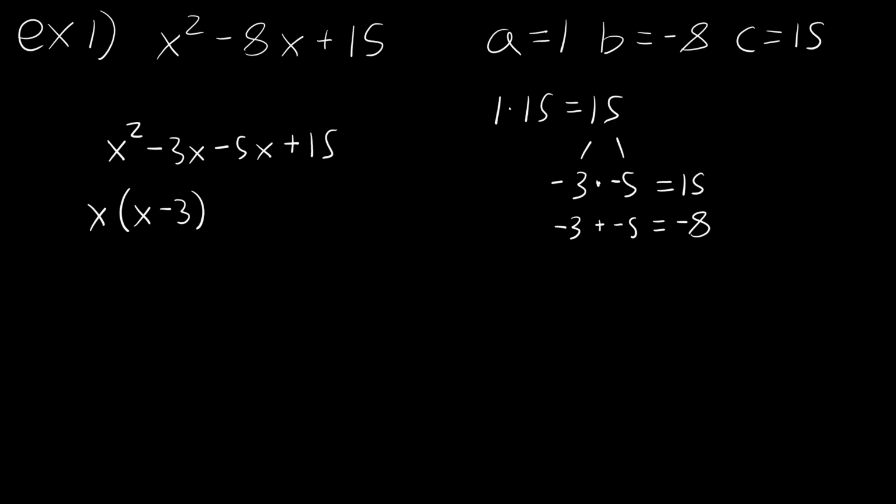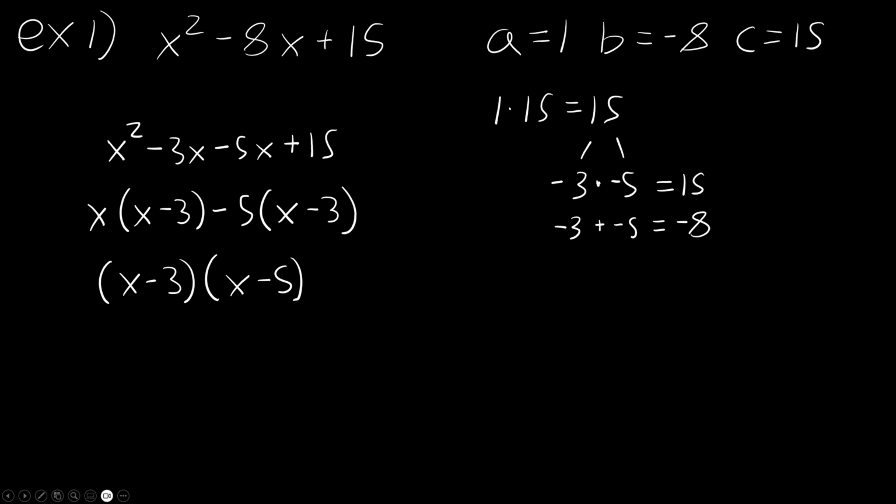Then minus, we can factor out a 5, so minus 5 times x, and since we're factoring out a negative 5, we'll be left with negative 3. We can factor out x minus 3, so we'll be left with x minus 3 and x minus 5. And that is the factored trinomial.